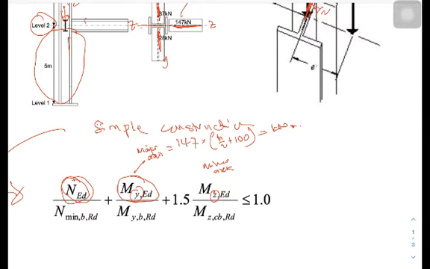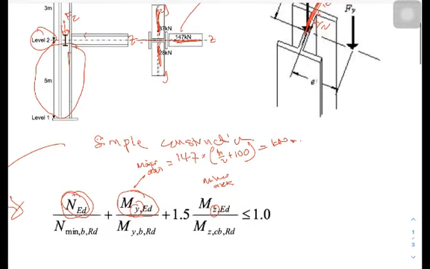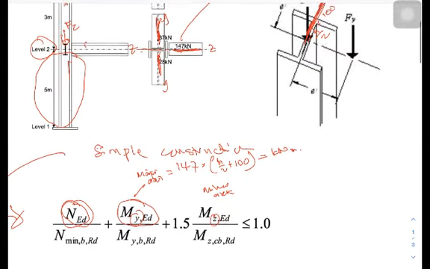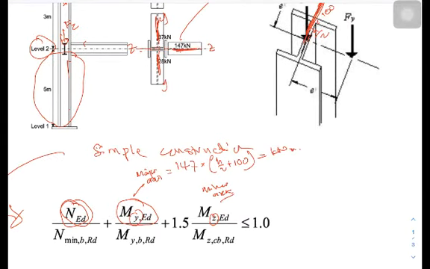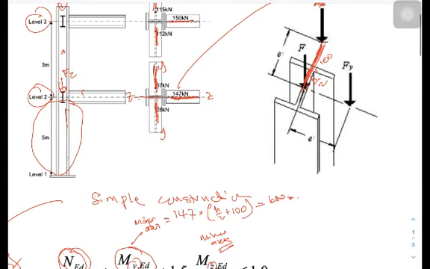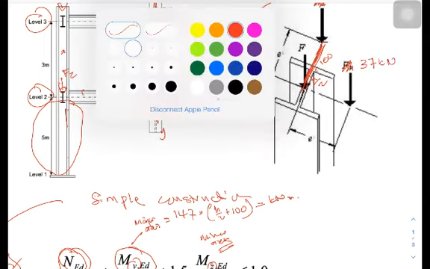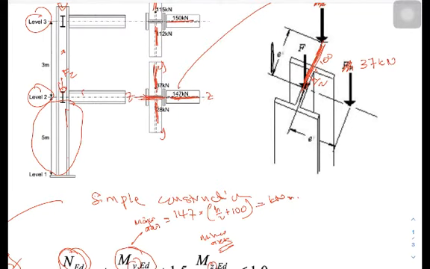Whereas MZED, the moment subjected to the column at the minor axis, let's say in this case is 37 kilonewton, and there is another here, which is 28 kilonewton. So this is the Z axis.